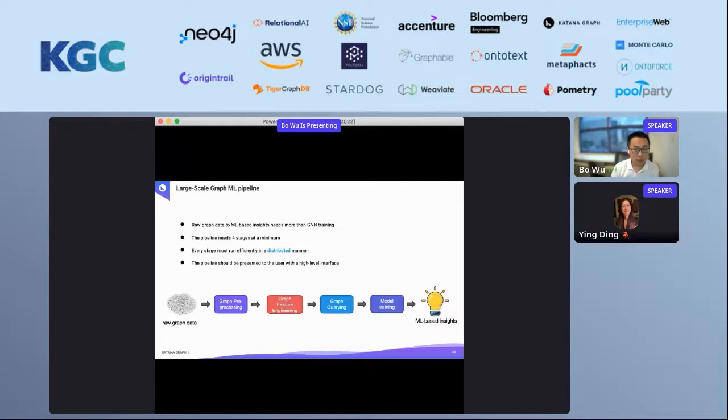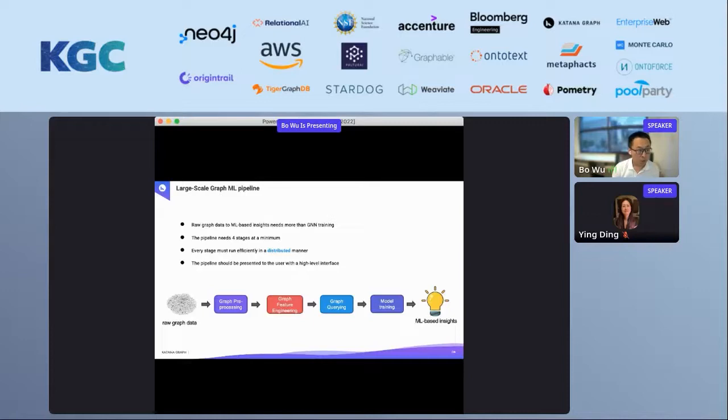So the second stage is graph feature engineering. We know that most graph data don't have initial vector features. Instead, the nodes and edges in the graph have properties. So graph feature engineering encodes the properties into initial feature vectors and runs analytics to augment the features to facilitate efficient GNN-based learning.